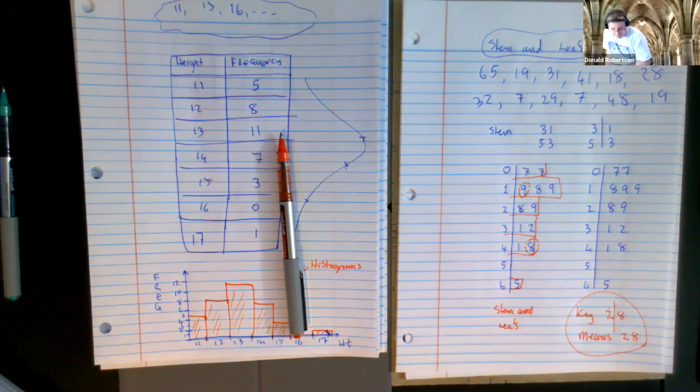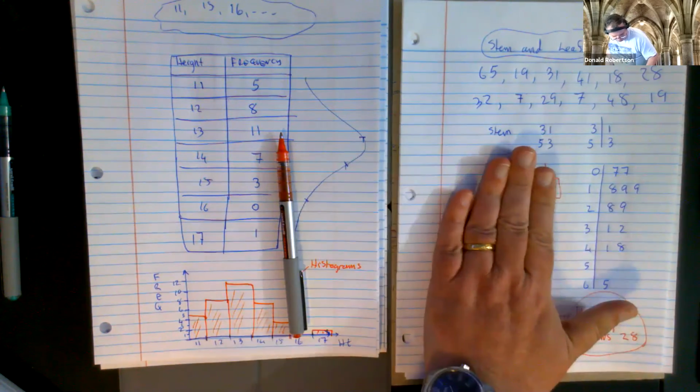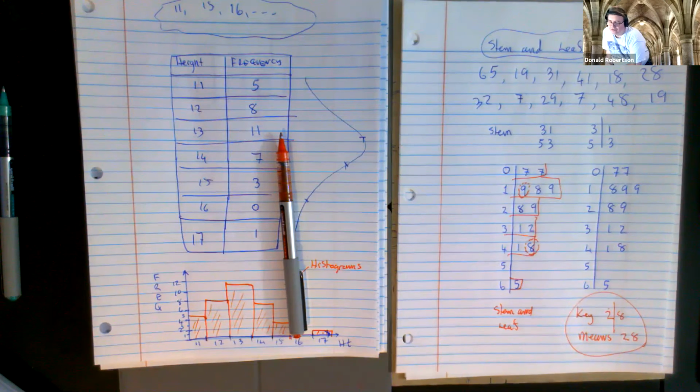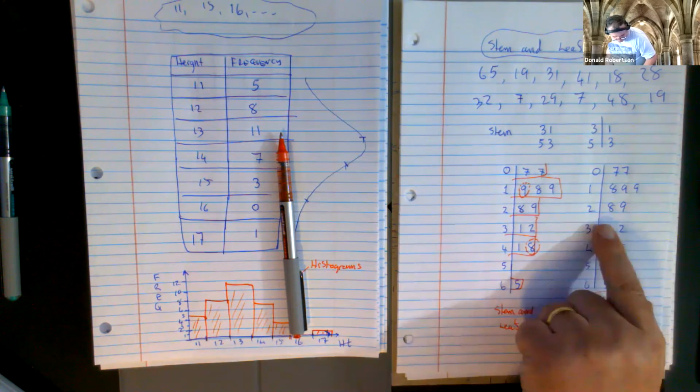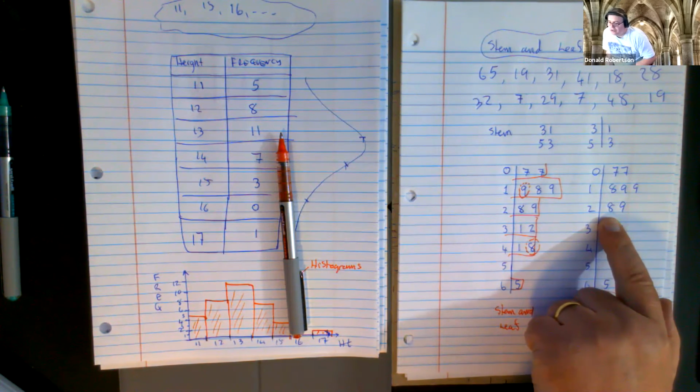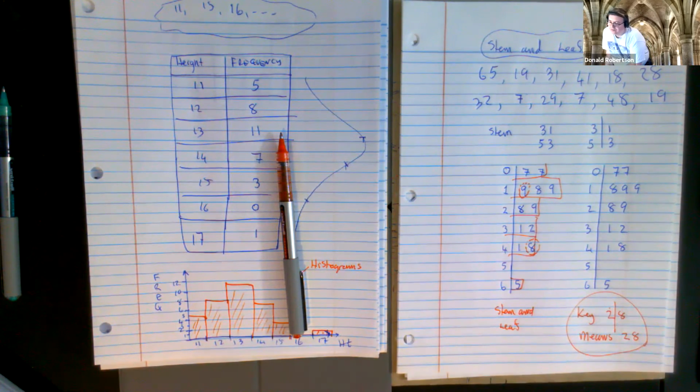There's a slight difference between this stem and leaf and this stem and leaf. Did you notice what the change was? You should put your stem and leaf in order. So if you've got like 4 or 5 digits here, like 78, 772, you should put them in order because that's part of the organizational process.